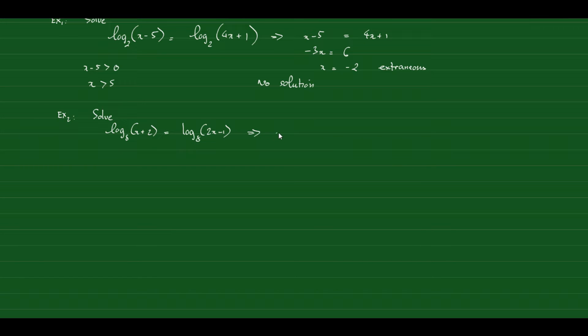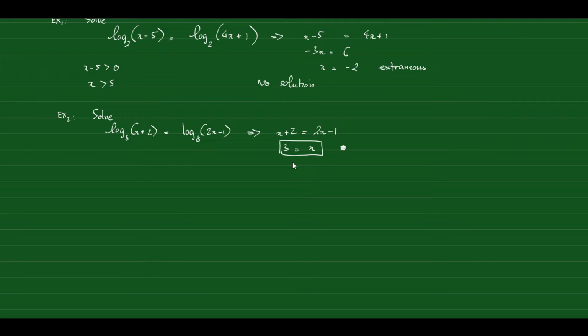So this implies x plus 2 equals 2x minus 1, which gives you 3 equal to x. So x equals 3. Let's see if it's satisfied. This gives you 5 and gives you 5. Here you go, this is a solution, because we can evaluate log base 8 of 5.